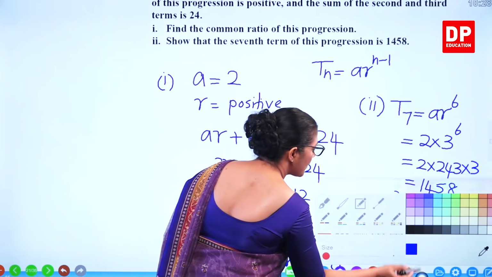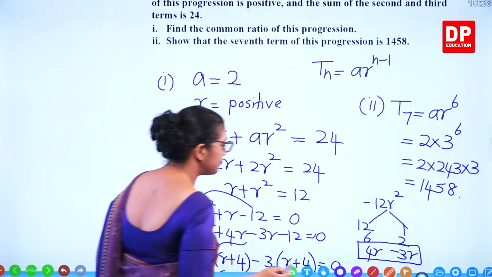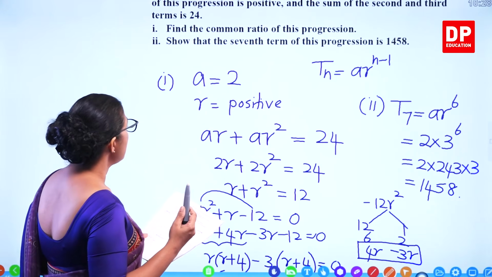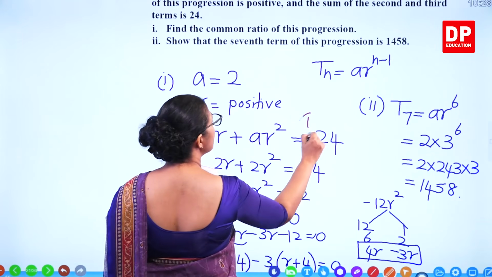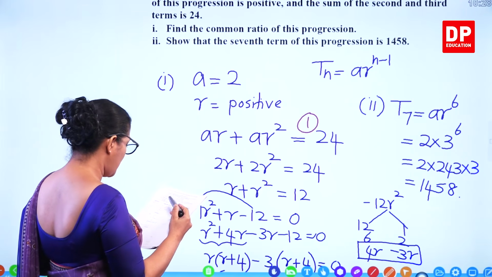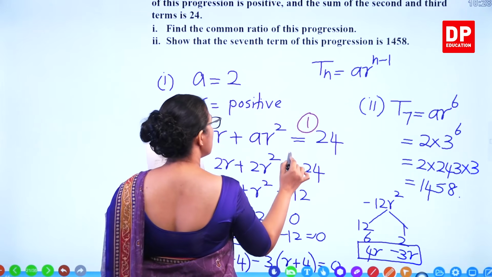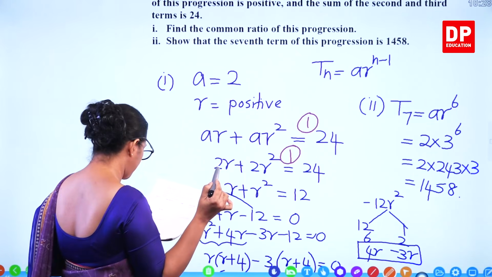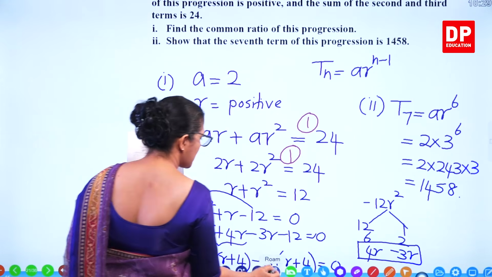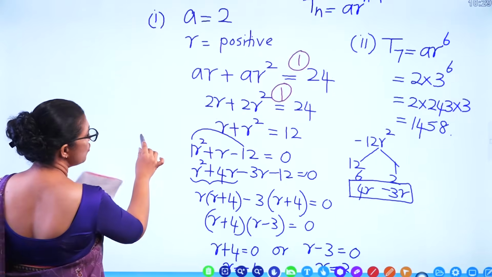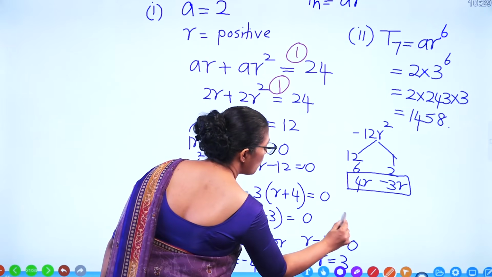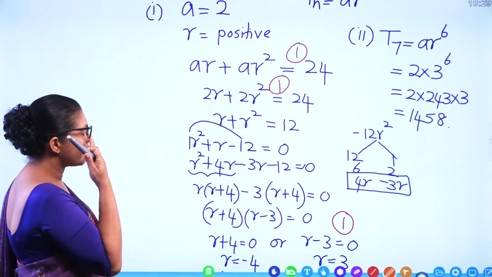Now we'll see how many marks. Getting the equation, this one, 1 mark. And substituting a equals 2 and getting this equation, 1 mark. And solving, all these steps, 1 mark. So you have to do this one really fast, because you only get 1 mark here for r equals 3.